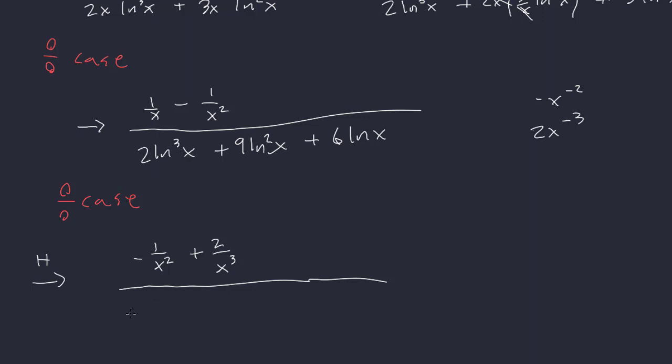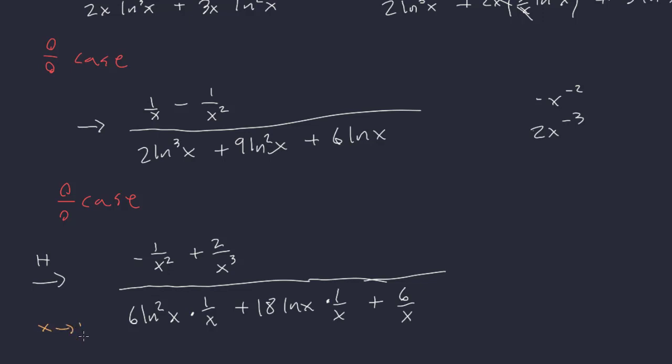So this will be 6 ln squared x times 1 over x. And here we'll have plus 18 natural log of x times 1 over x. And then here it will just be plus, there's no ln squared or anything, so we're just going to get 6 over x.